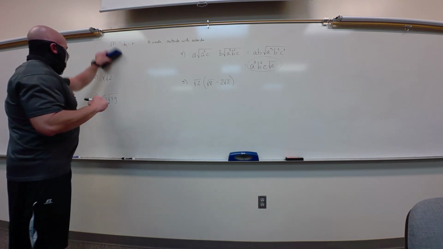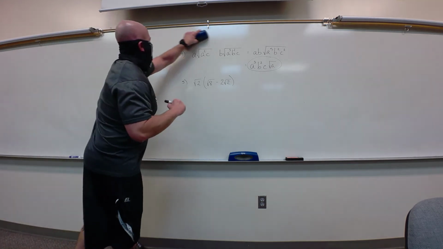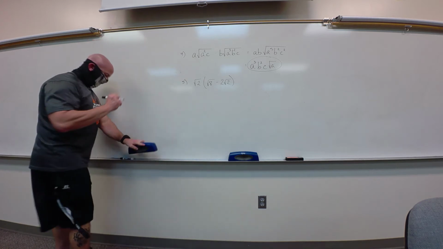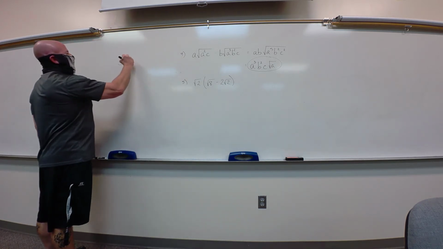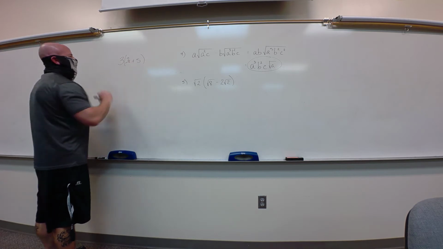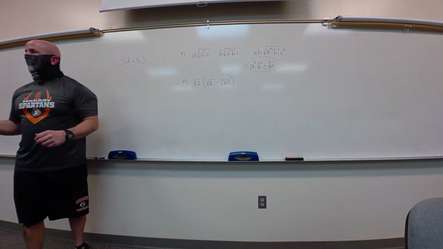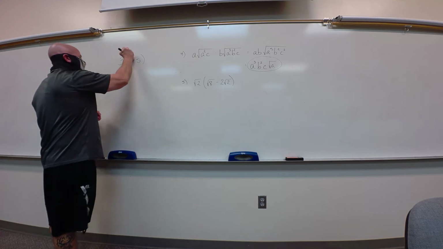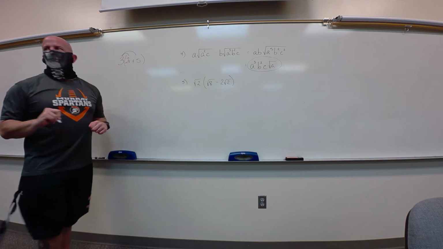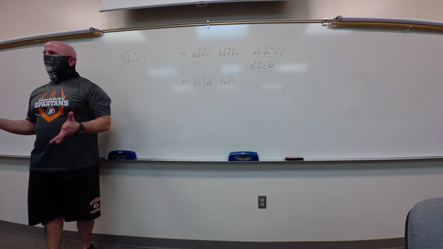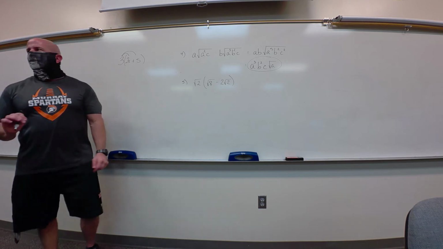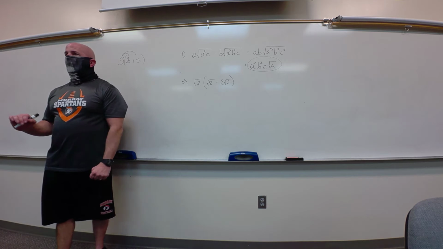This is something you should remember. If you saw something like 3 times 2x plus 5 on a paper, you should be thinking, okay, that's pretty easy. I know I can distribute the 3 times 2x, 3 times 5. Pretty basic distribution property. We've done it many, many times. This is the same thing. Looks way different, but same thing.